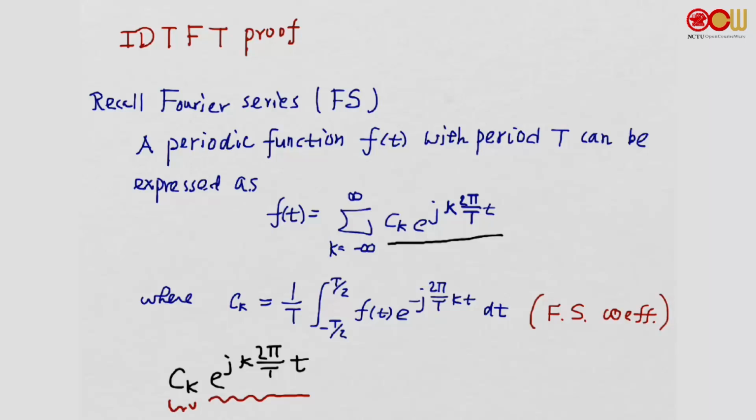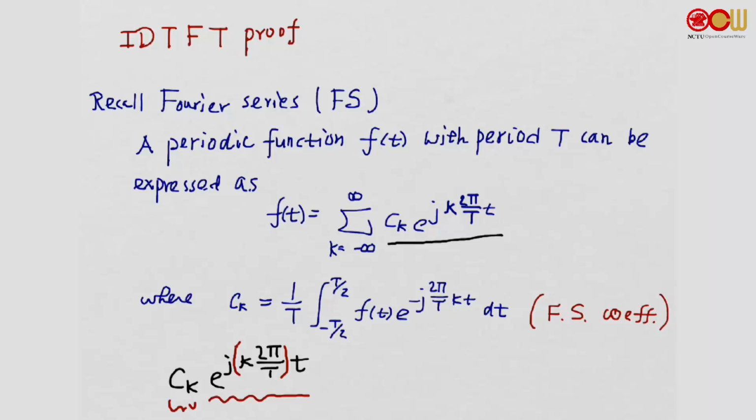It's an exponential function with frequency k times 2π over T. So a periodic function with a period T can be written as a linear combination of exponential functions, and each exponential function has a frequency that is a multiple of 2π over T.